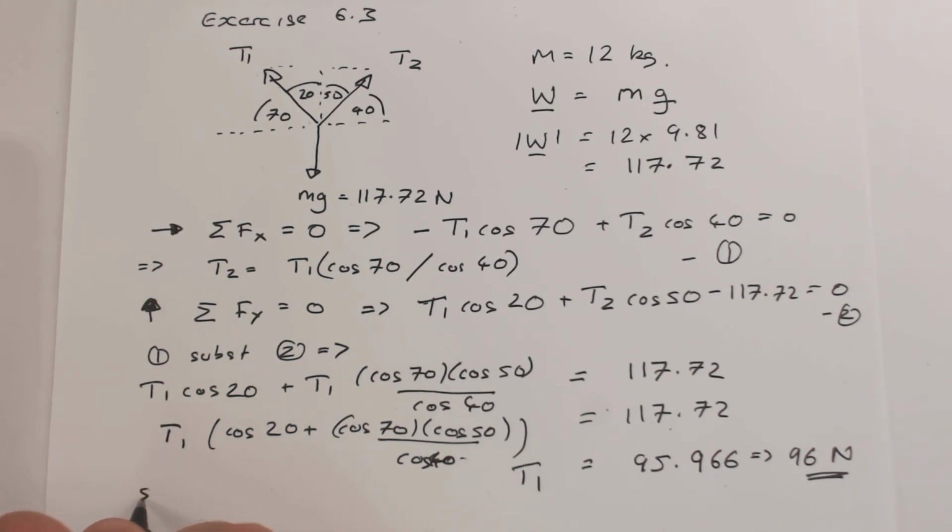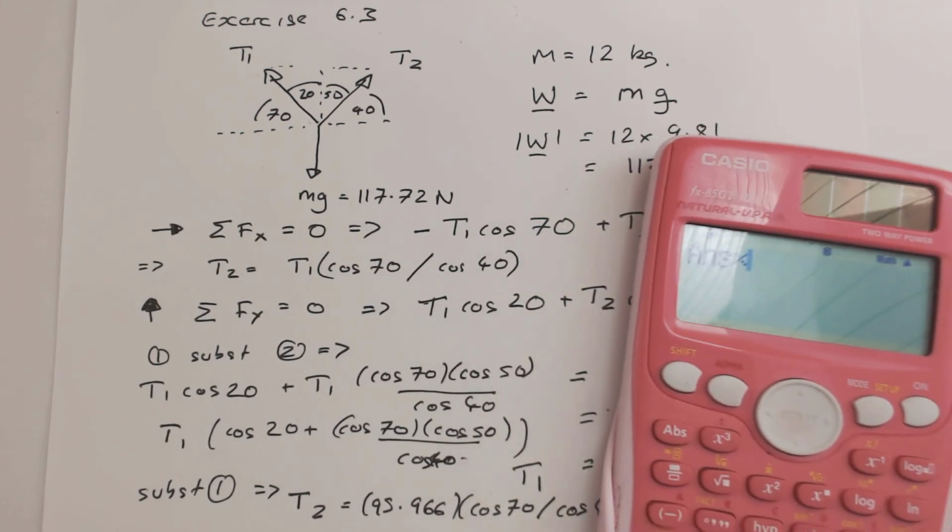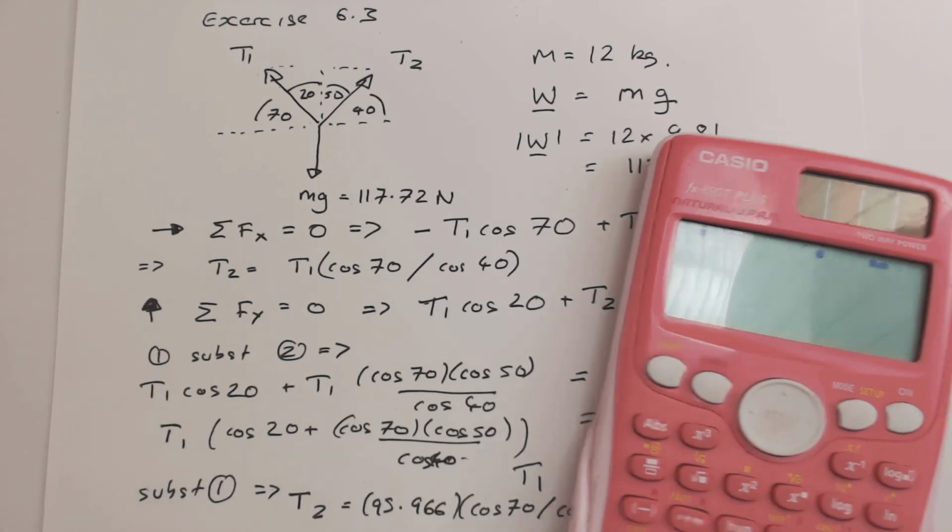So come back to equation 1, and we end up with T2 equals 95.966 times cos 70 divided by cos 40 equals, so I just managed to squeeze it in there. So I'm going to times the previous answer by cos 70, divide it by cos 40, and what do we get?